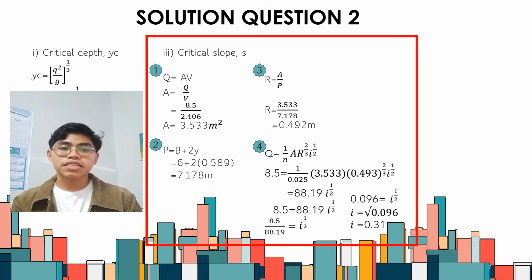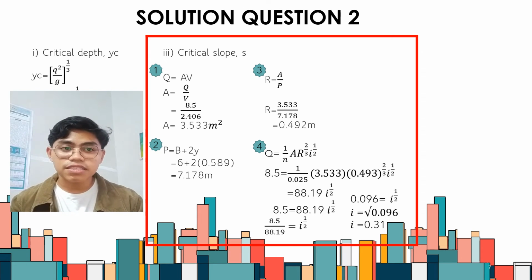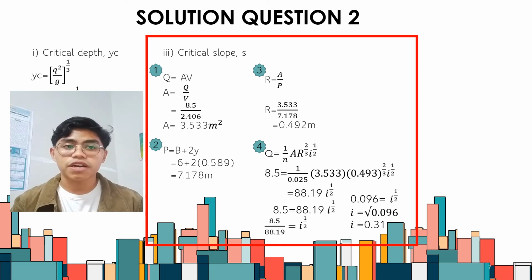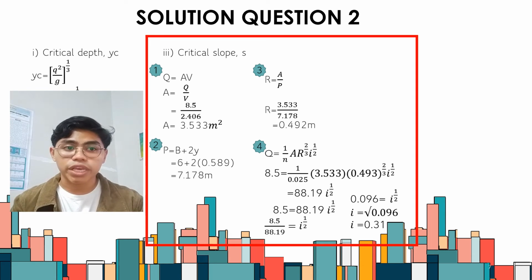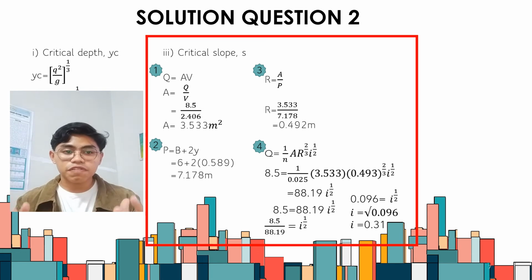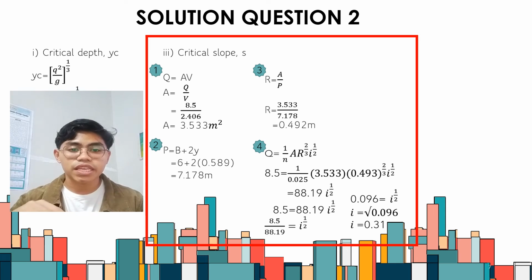Okay, after getting both of the answers, now we have to solve the equation of R, which is A divided by P. So take the answers from 3.533 meters square divided by 7.178. Then we can get the answer of 0.492 meters.